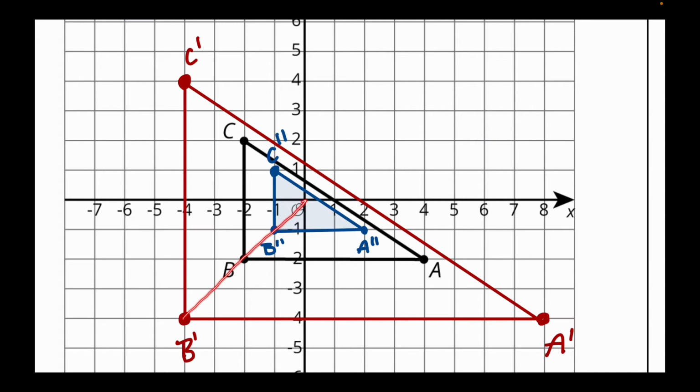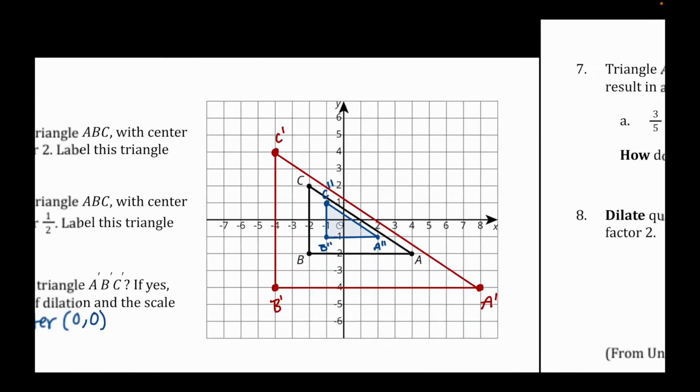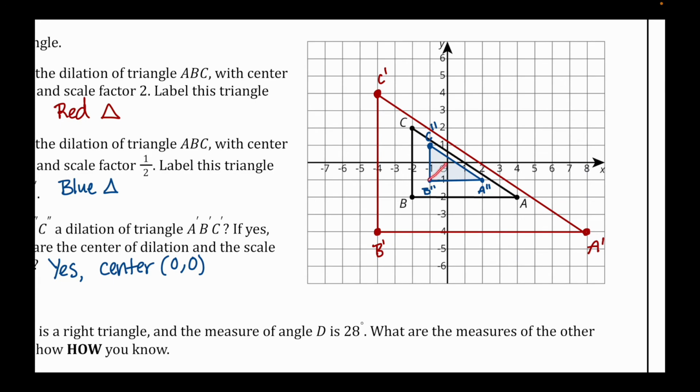So this diagonal cuts exactly over 1, up 1. It's got like a slope of +1 here. If our red triangle is the pre-image, this goes 4 units up and over, where B double prime only goes 1 unit up and over. So this is actually going to be 1/4 of the size. So that is going to be our scale factor. This is 1 diagonal away, and this is 4 diagonal spaces.